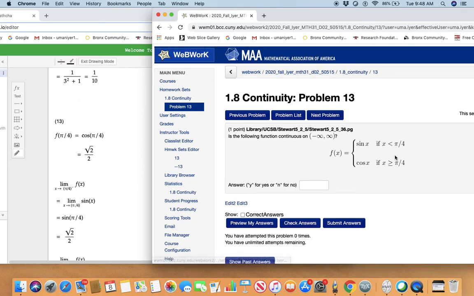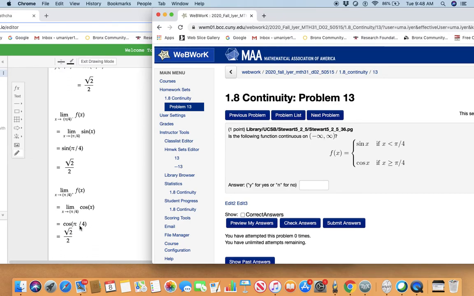Now, find the limit as x approaches pi over 4 from the left hand side. You're looking at the rule sin x. So you apply pi over 4 here and you get root 2 over 2.